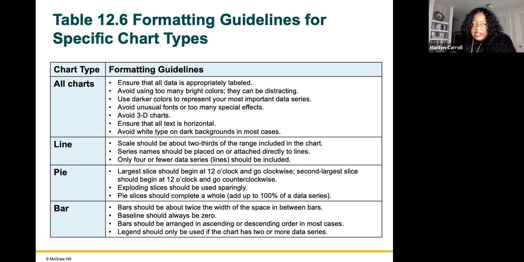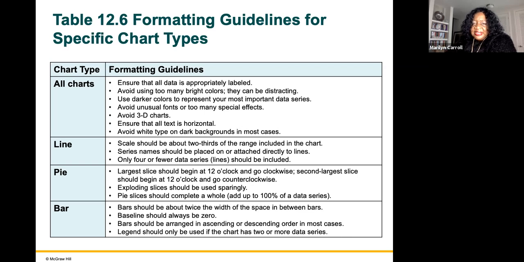So formatting guidelines, all charts. Ensure that all data is appropriately labeled. Avoid using too many bright colors. They can be distracting. Use darker colors to represent your most important data series. Avoid unusual fonts or too many special effects. Avoid 3D charts. Ensure that all text is horizontal.